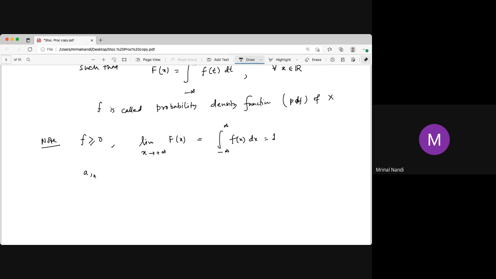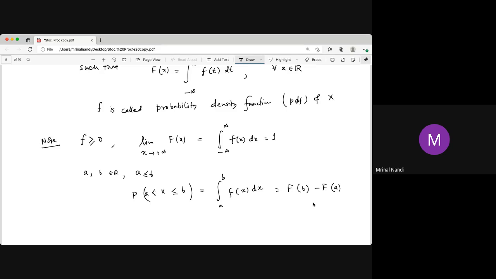And for any two real numbers a less than b, maybe equal to b, the probability that a less than X less than or equal to b is equal to the integration from a to b of the density function, and this is nothing but F(b) minus F(a).